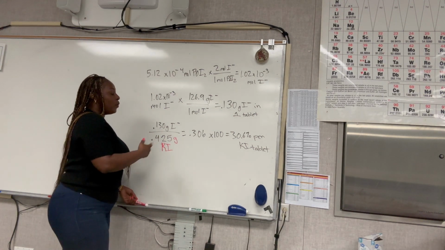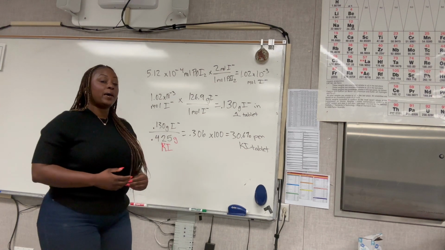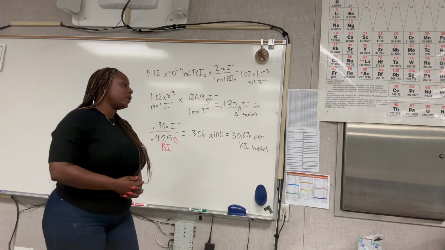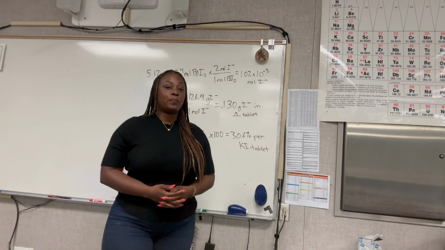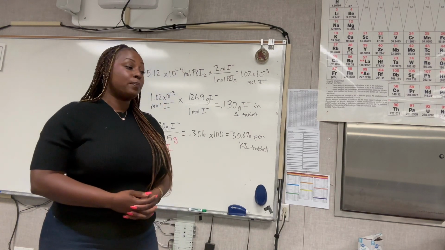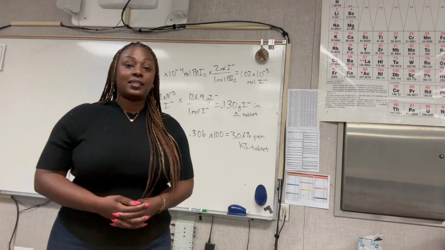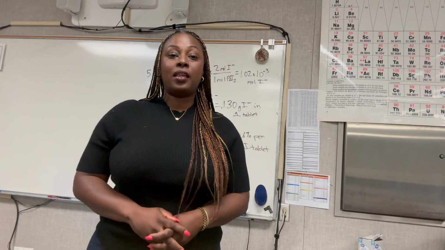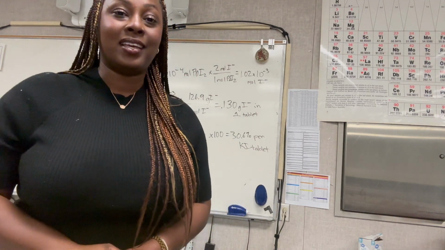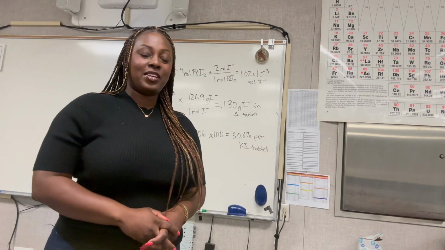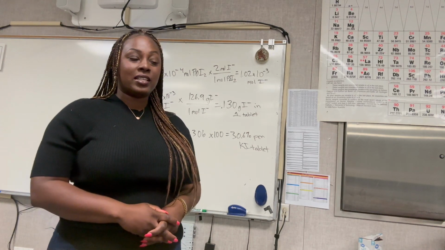And I get 0.306, multiply that by 100 to make it a percent, and we end up with 30.6% of iodine per potassium iodide tablet. So that is the multiple steps to solving this particular free response question.